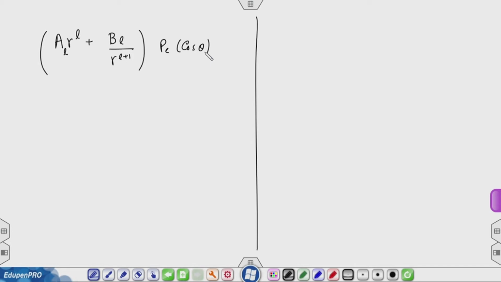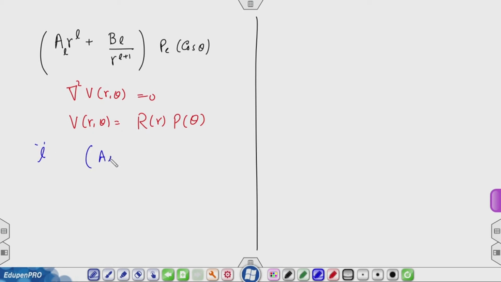So, let me just recap. We are solving this equation del square V of r, theta equals 0, taking V of r, theta to be a product function R times P of theta. I get one particular solution for given L, (A_L r raised to L plus B_L over r raised to L plus 1) P_L cosine of theta.